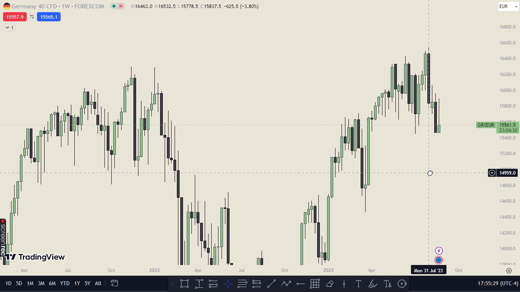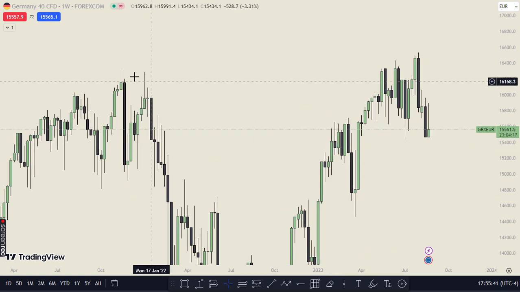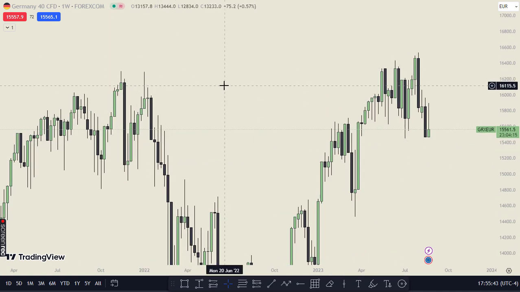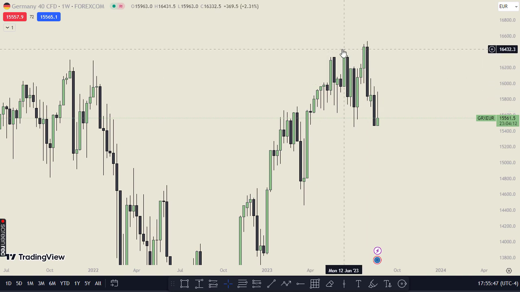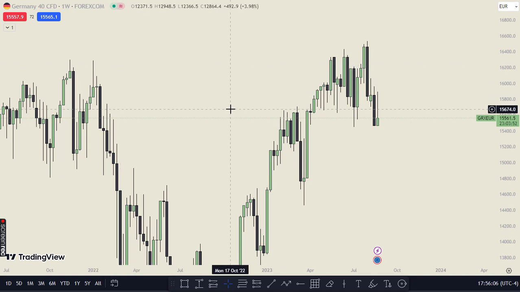And we want to see either from external range liquidity to internal range liquidity, or from internal range liquidity to external range liquidity. External liquidity is swing highs and swing lows. So after price raids external liquidity, like swing highs or swing lows, our next target is the opposing internal range liquidity, which is represented in fair value gaps.